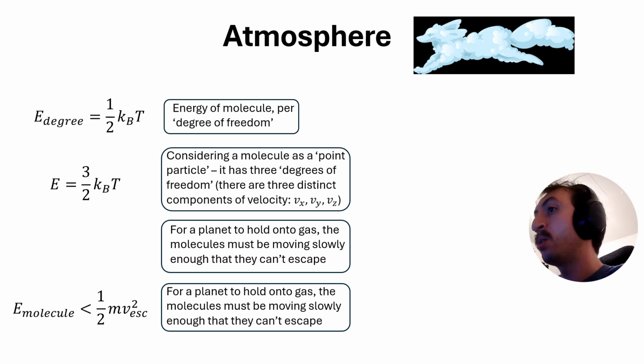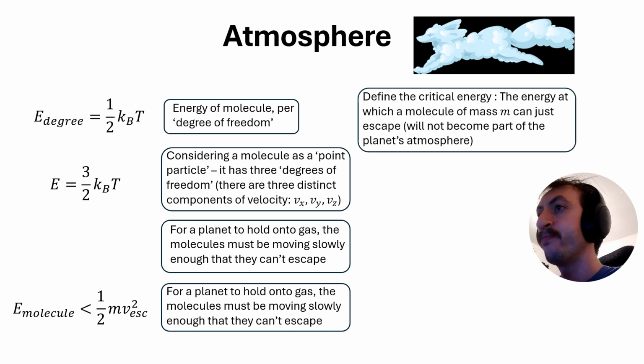Now, if the energy of our molecule is less than 1/2 m v_escape squared, where v_escape is our escape velocity, then our molecule doesn't have enough energy to move at or above the escape velocity, so it's moving too slowly to be able to escape the planet, and so will become part of the planet's atmosphere.